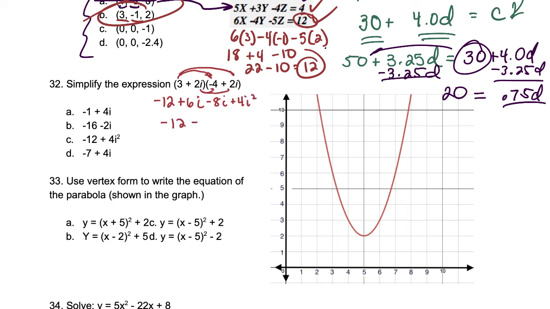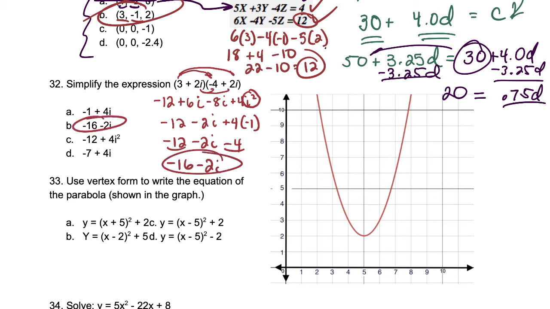So -12, minus 2i, plus 4i squared. Now, something we will learn before this is i squared is equal to -1. So that gives us -12 minus 2i minus 4. -12 and -4 is -16, minus 2i. Right there.